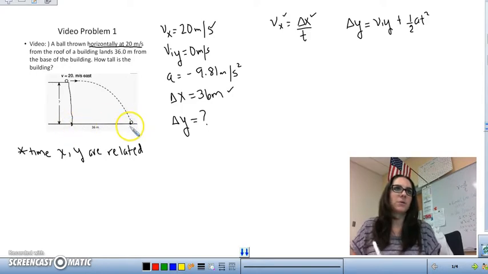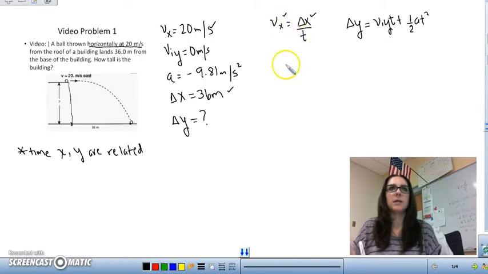But as it's going 36 meters, it's also falling, so they share the same time. So I could solve for time here and then plug it into this.